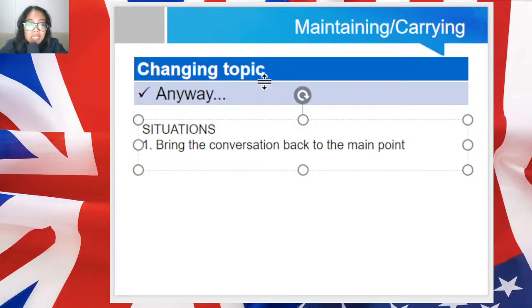So see how friend B used "anyway" to gracefully move on from the side topic, which is the TV show, and then go back to the main topic, which is the trip. So this makes the conversation productive again and shows that you are focused on the task at hand. The phrase acts like a verbal bookmark which reminds you of the point where you left off.